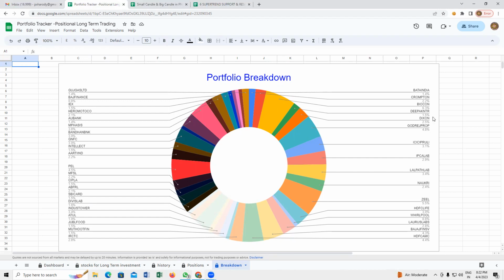But since you're only deploying around 5 to 6% of your capital in one company, your portfolio is not that much at risk. And when you start making profits, these losses will get adjusted. So in general, the Nifty gives a CAGR of 12 to 14%. So you can expect around 15 to 18% profit in the portfolio over a period of time.